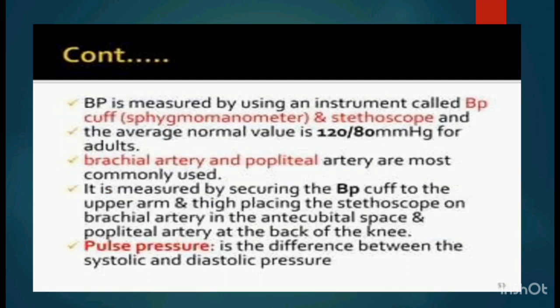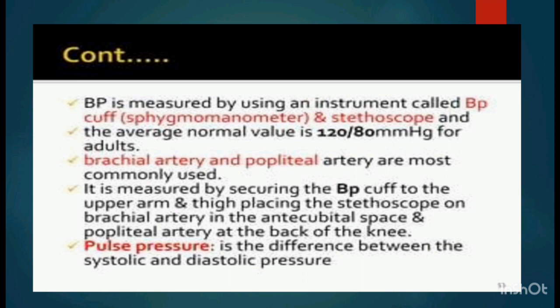In continuation, BP is measured by using an instrument called a BP cuff, a sphygmomanometer, and a stethoscope. The average normal value is 120 by 80 mm of Hg for an adult. Brachial artery and popliteal artery are most commonly used in the measurement of blood pressure.